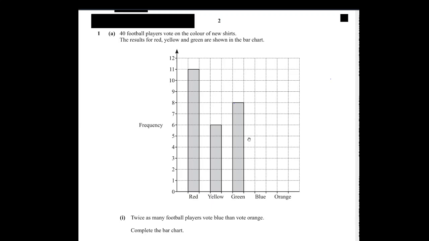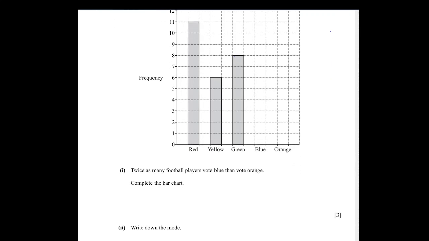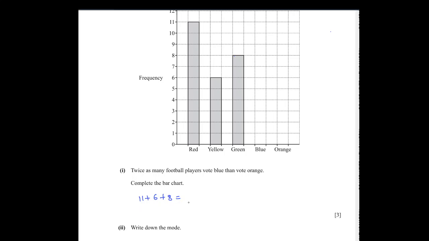So first we need to add the number of people who selected these 3 colors: 11 plus 6 plus 8 is 25 people. So 25 people already selected 3 different colors out of 40.